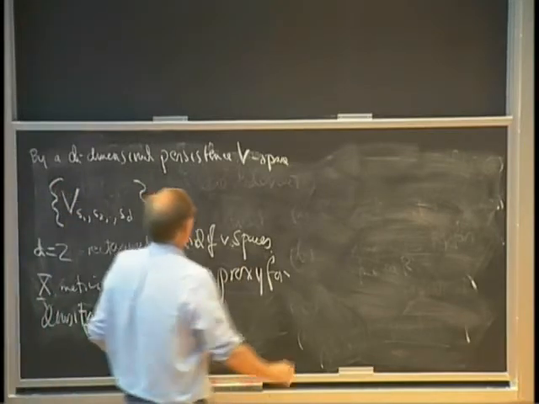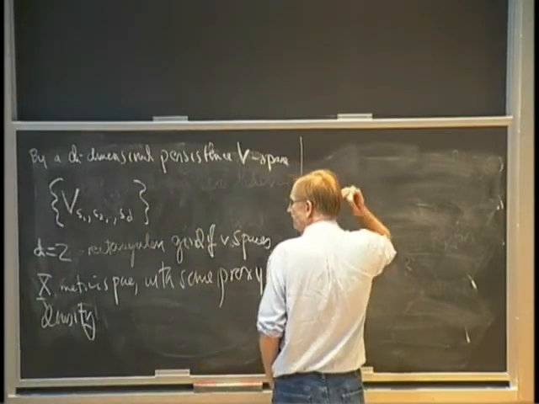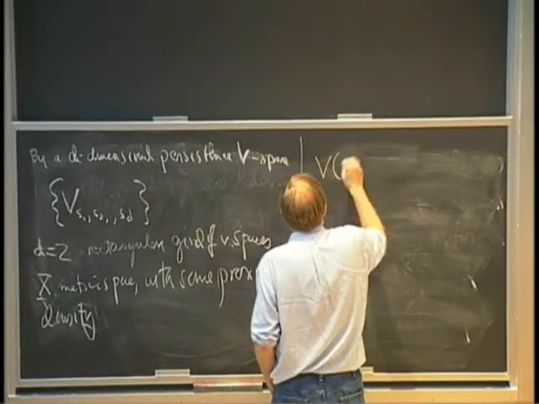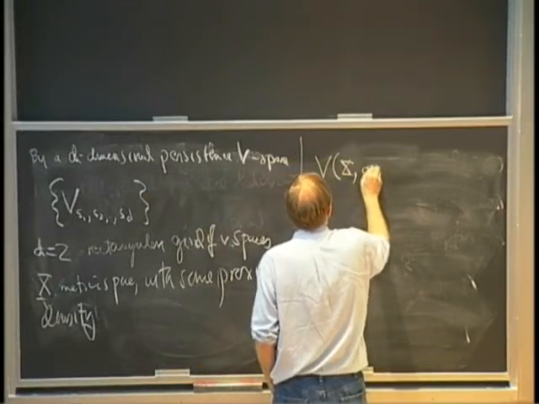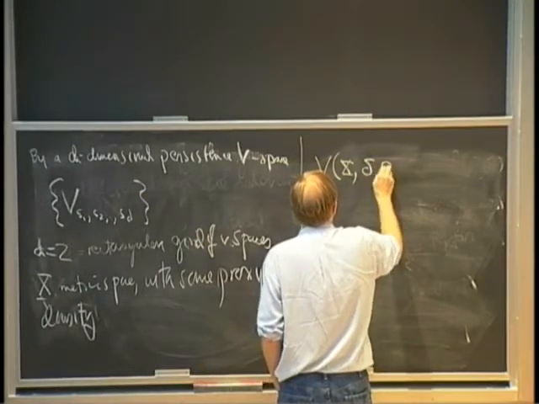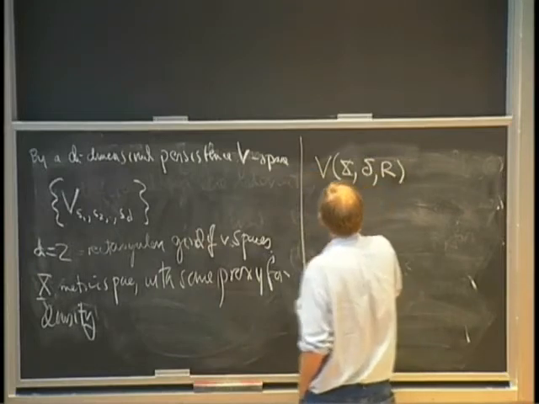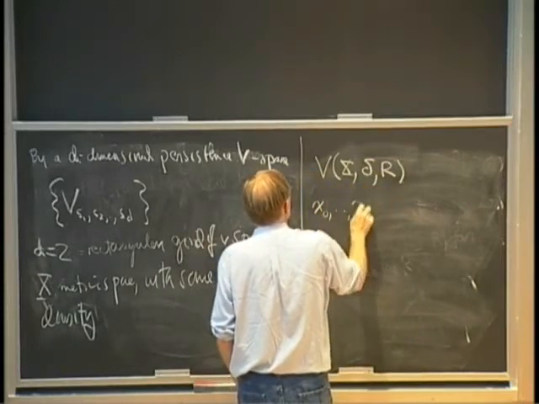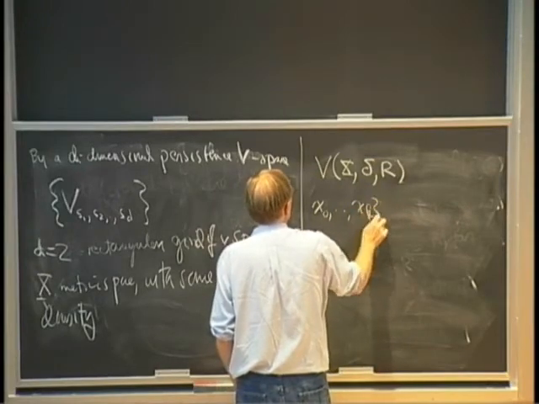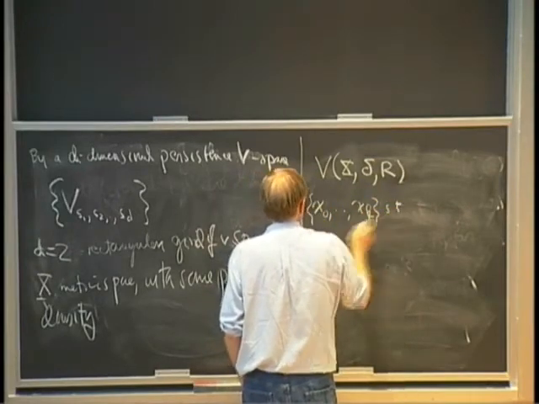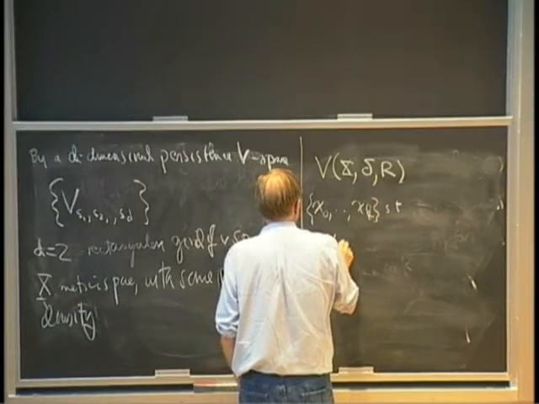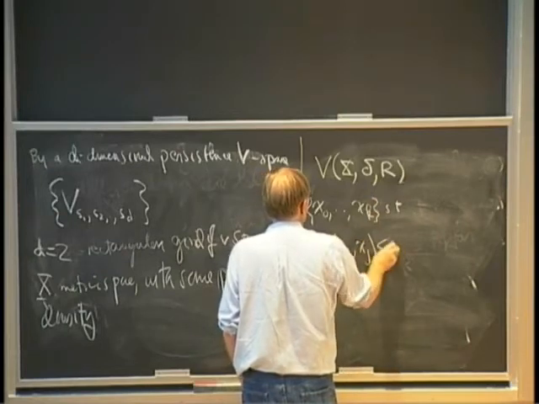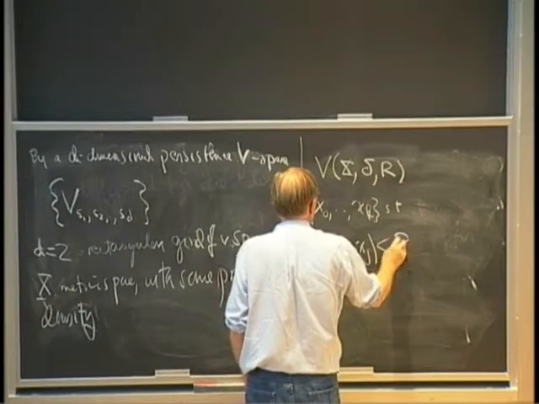I can then talk about simplices, the points x_0 to x_k, with diameter less than or equal to r.